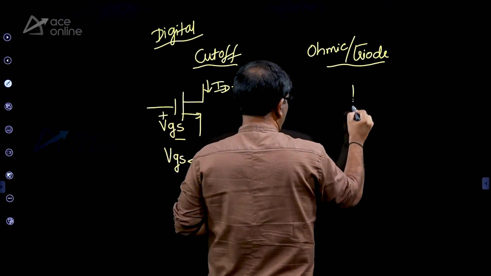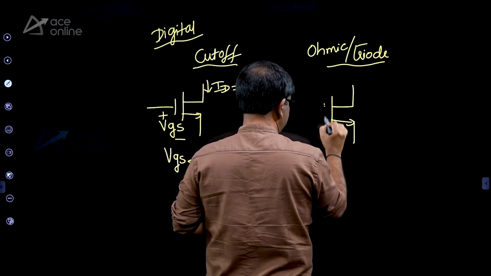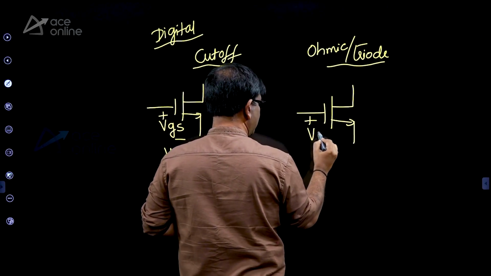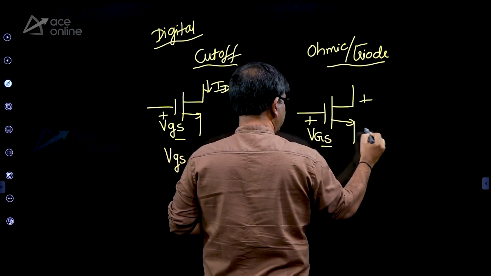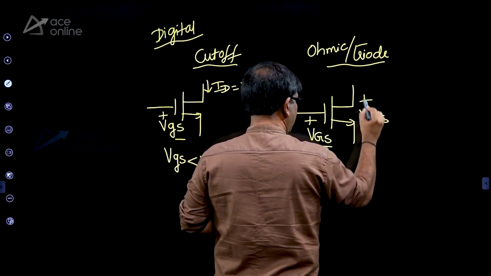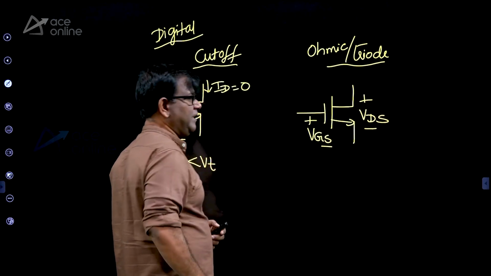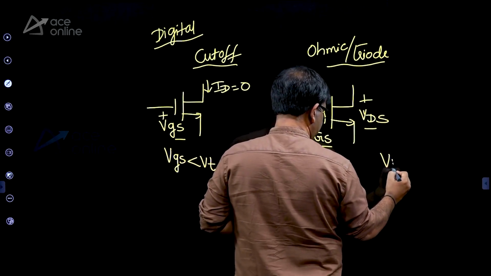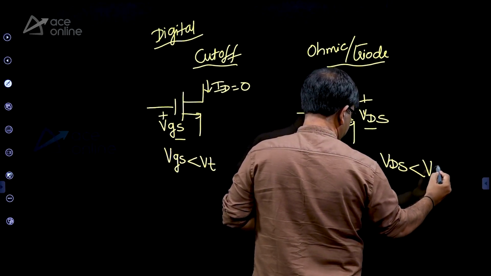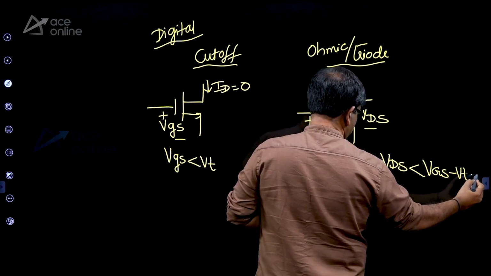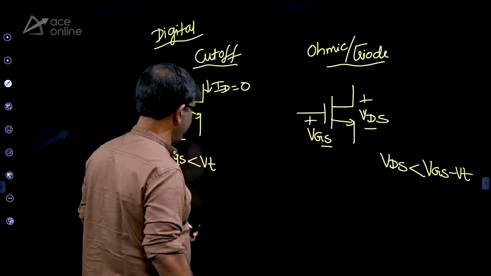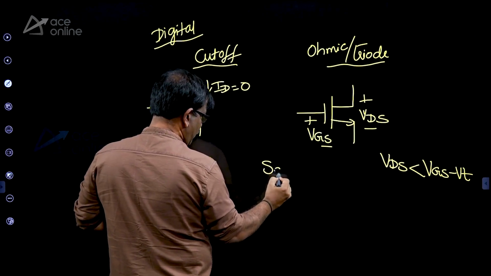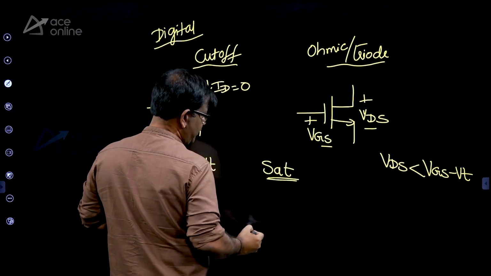And when do you say that a MOSFET is in triode or ohmic region? This is VGS and VDS. If this voltage shrinks, then it becomes a digital circuit, something like an on switch. If your VDS is less than VGS minus VT, then they can use it for digital, right? For analog, we use MOSFET in saturation region.